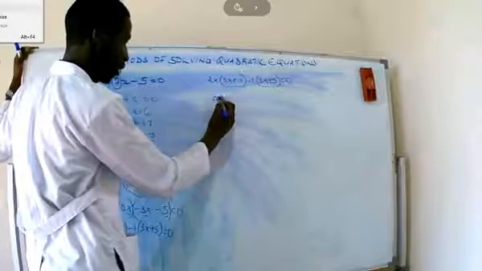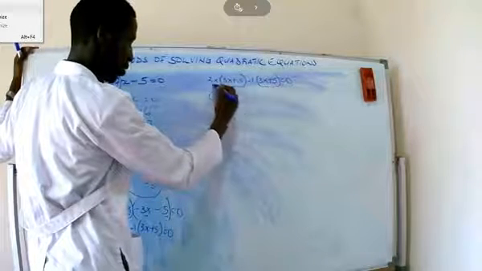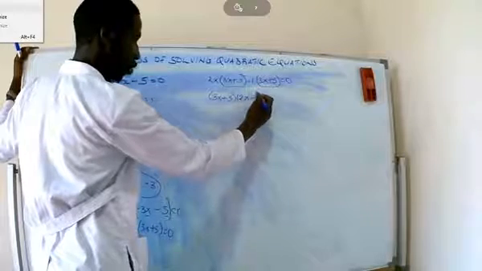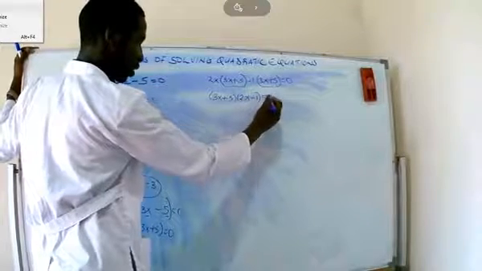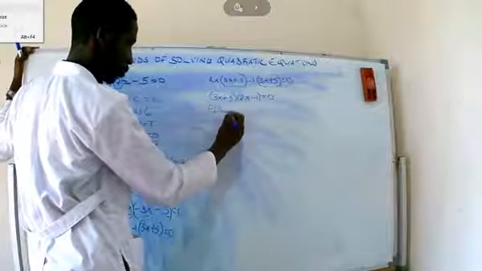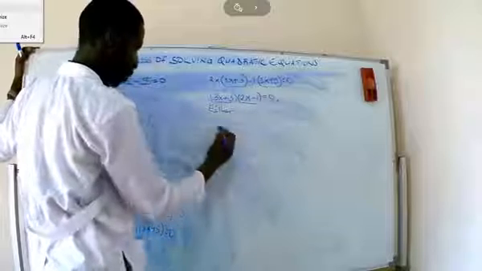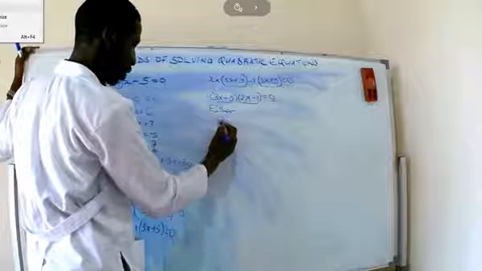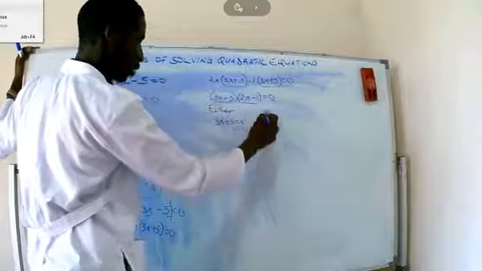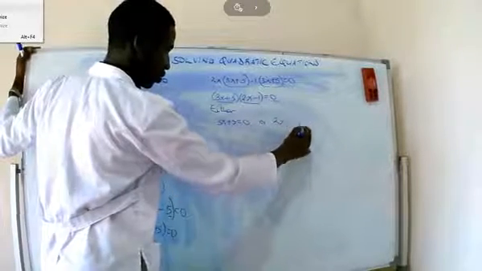So we have 3x plus 5 into, I remain with only 2x here, and minus 1 here, close, equals 0. So we say either the first bracket equals 0 or the second bracket equals 0. So either 3x plus 5 equals 0, or 2x minus 1 equals 0.